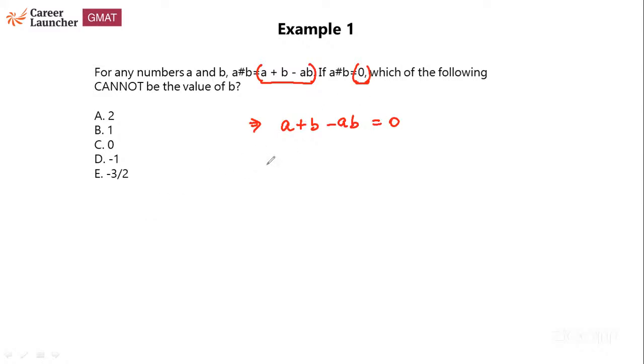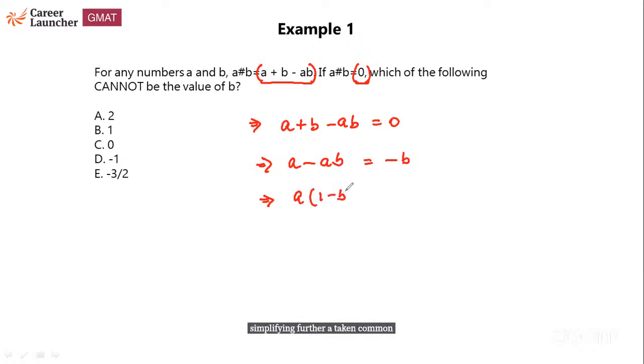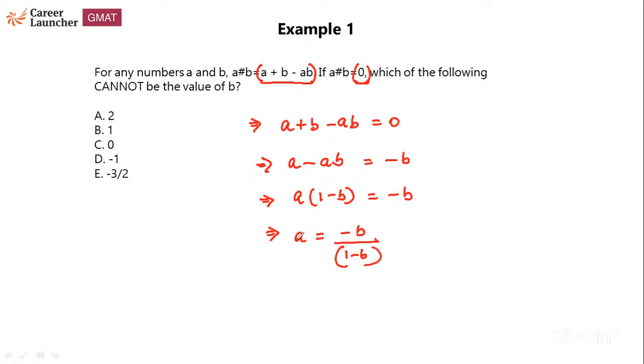Taking b on the other side, a minus ab is equal to minus b. Simplifying further, a taken common, that means a is minus b over 1 minus b. In the simplified form, that's the value of a in terms of b.